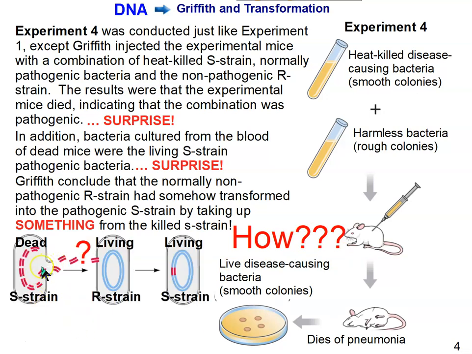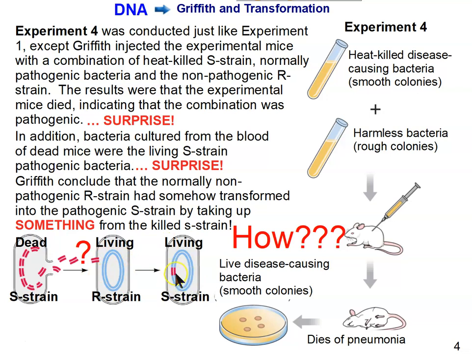He speculated or inferred that the dead S-strain bacteria had released its genetic material into the environment inside the mouse, and the R-strain bacteria picked up that genetic information, which turned the R-strain bacteria into S-strain bacteria.